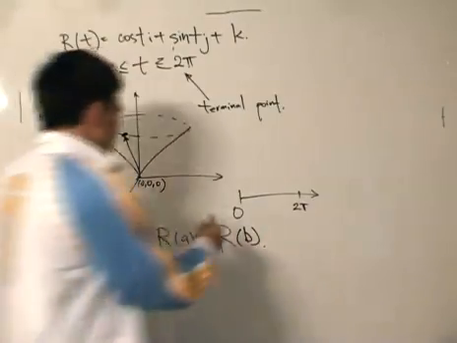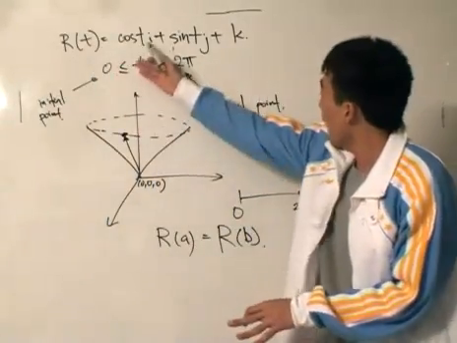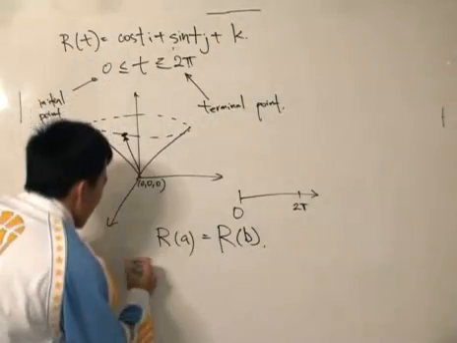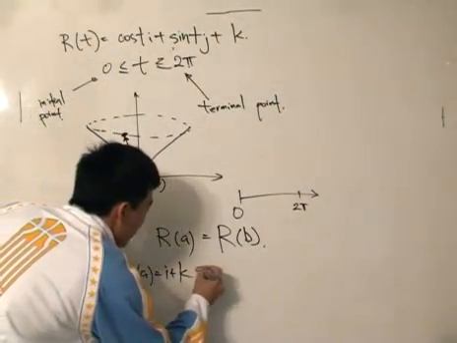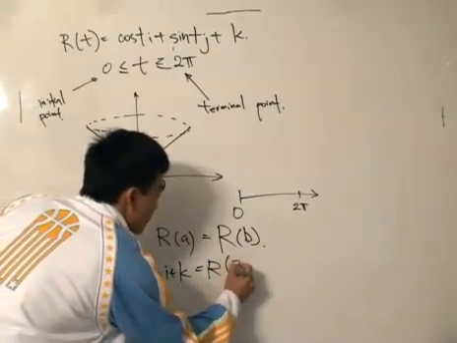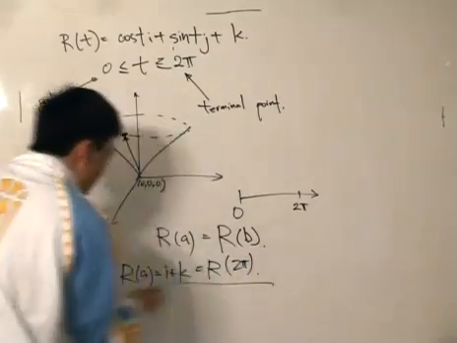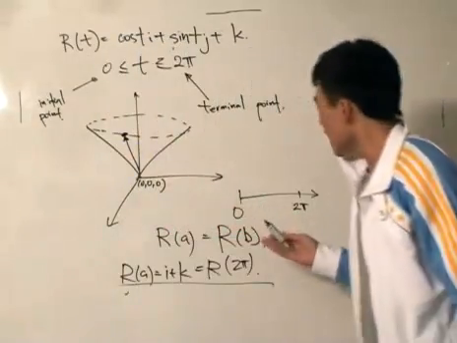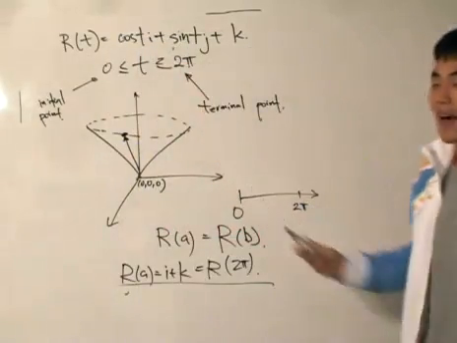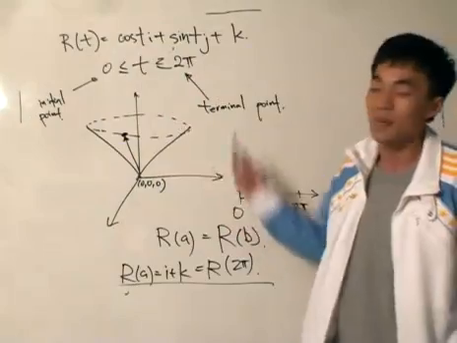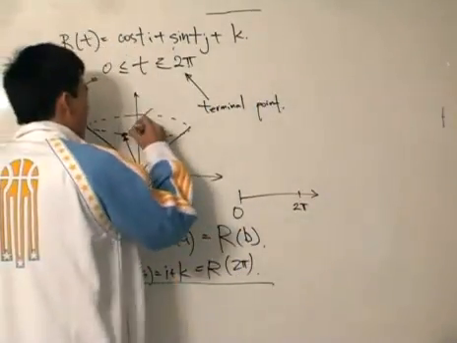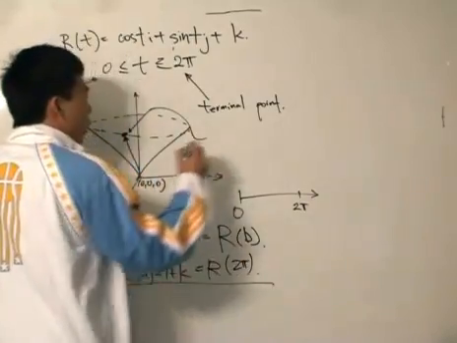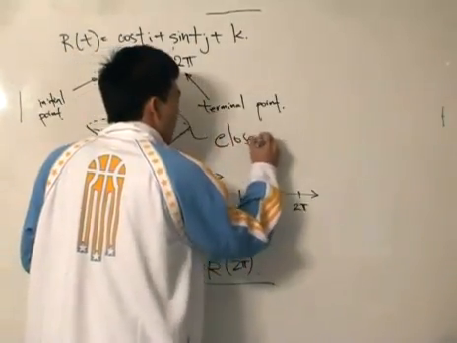So when we put in a value of 0, we got i plus k. So r(0) equals i plus k, which is also equal to r(2 pi). Now, when you get this, it means that as t varies, there are two position vectors which point to the same spot. And when it points to the same spot, what we get is called a closed curve.